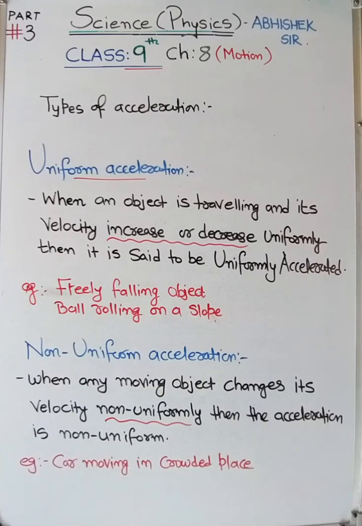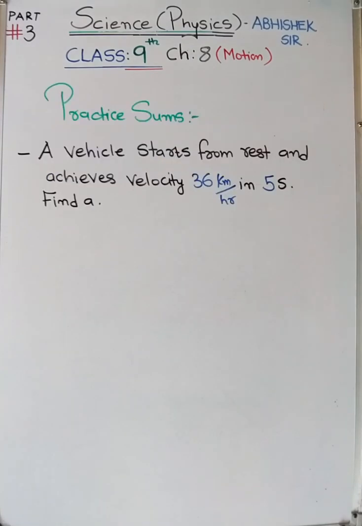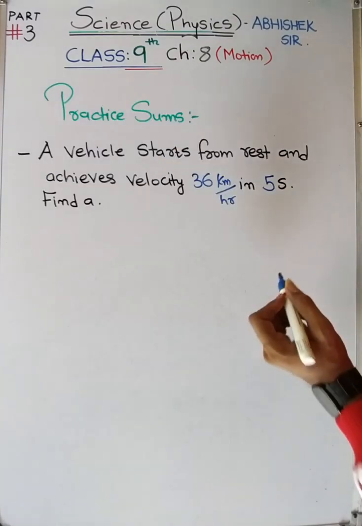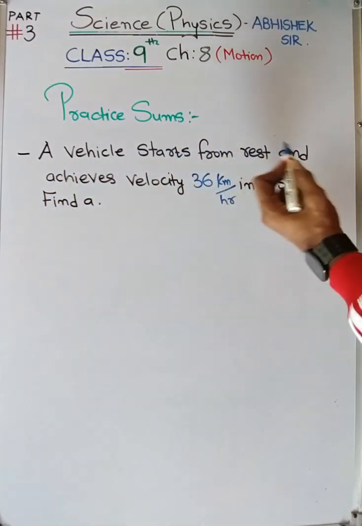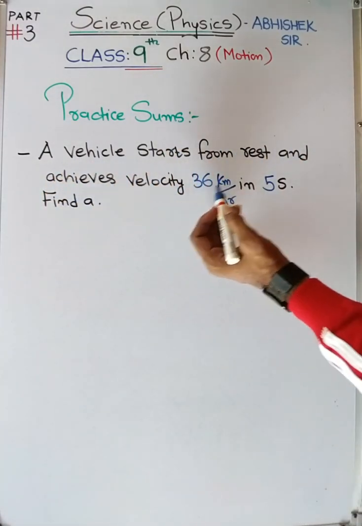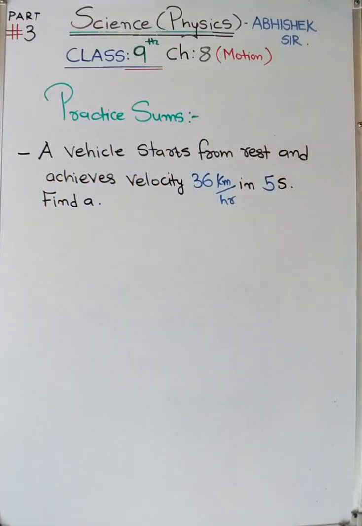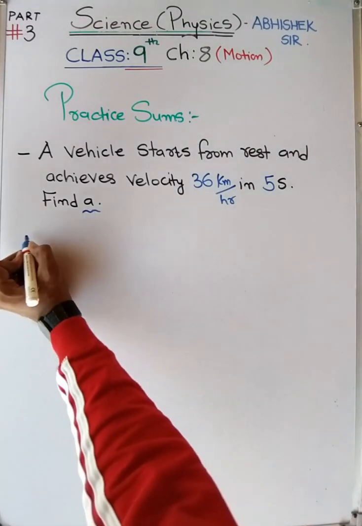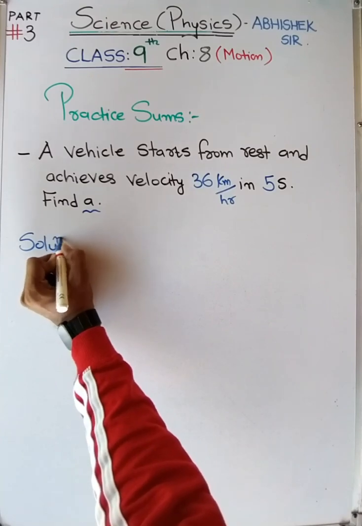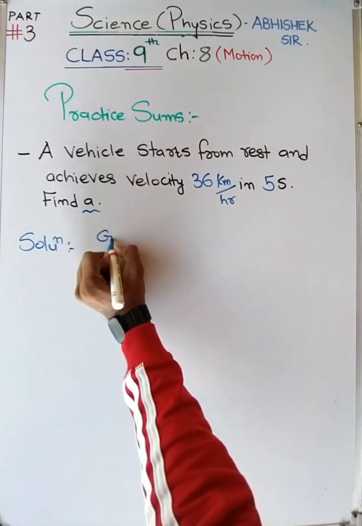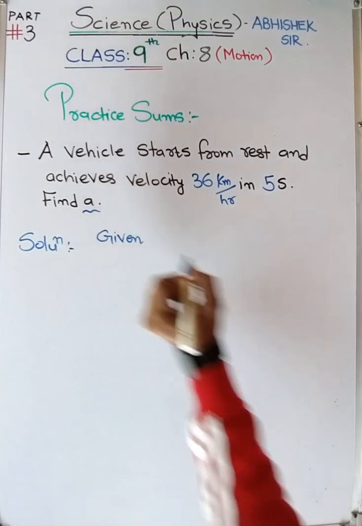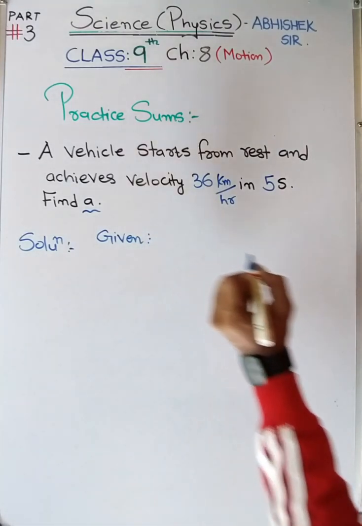Now let us see a few practice examples by which we can solve the problems of acceleration. So let us start with the first practice sum. A vehicle starts from rest and achieves velocity 36 km per hour in 5 seconds. Find the acceleration. Before solving any kind of word problem, I have told you what to do: prepare the given list.